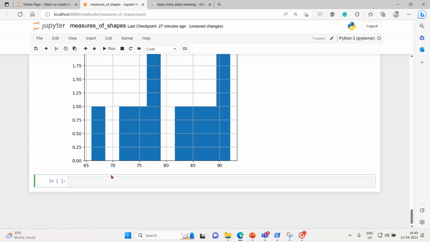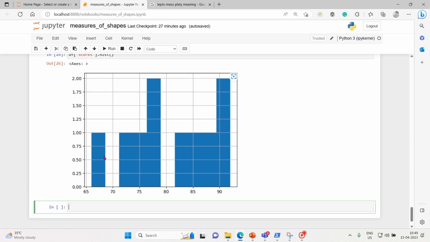Next let's see more examples for this. But before we look into more examples, I just want to reiterate what kurtosis is. Kurtosis is a statistical measure that describes the shape of the probability distribution of a data set. It quantifies the degree to which the data distribution deviates from a normal distribution in terms of the peakedness and thickness of the tails.